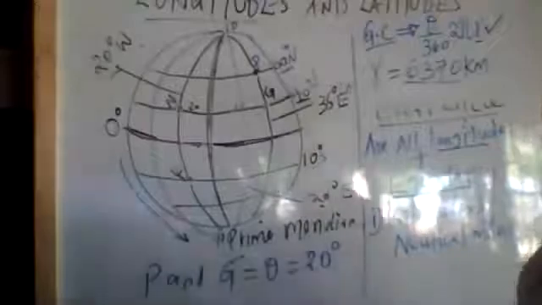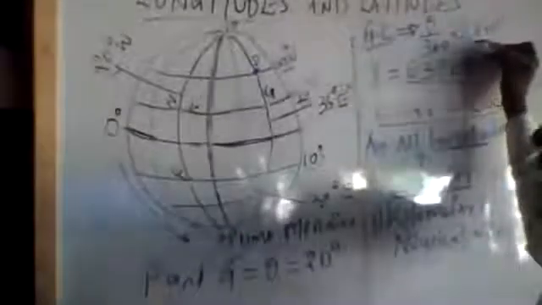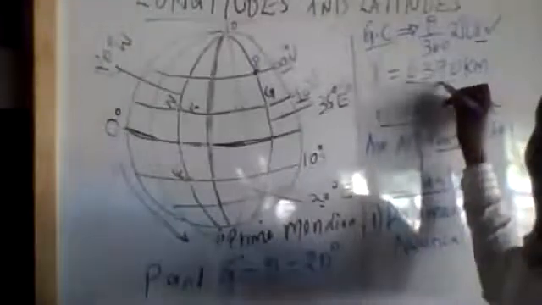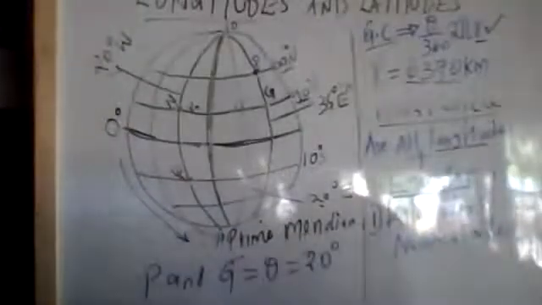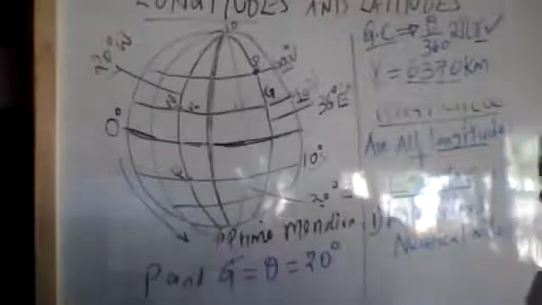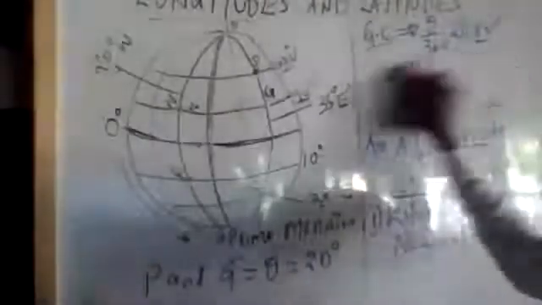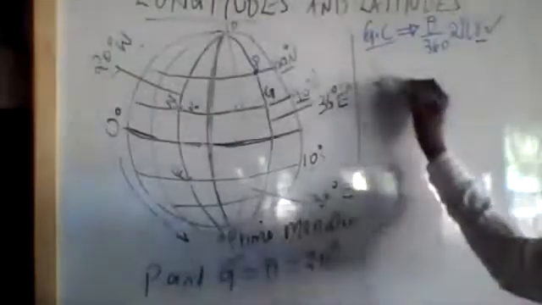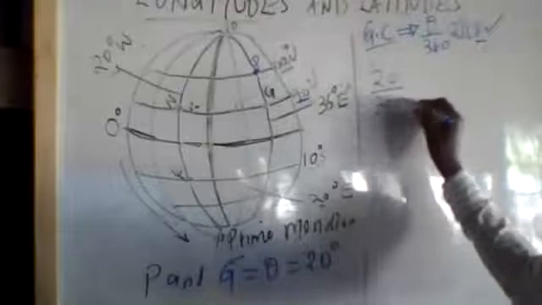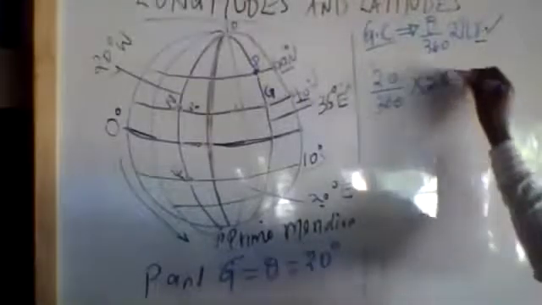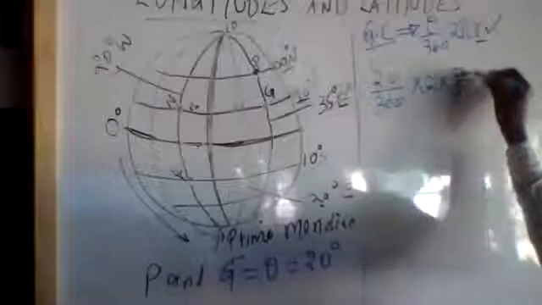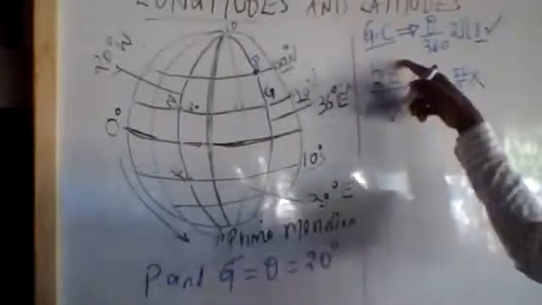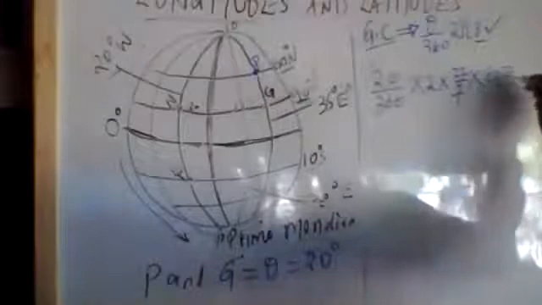This is what we're going to do. Where we have theta, we are going to replace it with 20 degrees. Where we have radius, we are going to replace it with 6370. That means we are going to have something like this: 20 over 360 times 2 times 22 over 7 times the radius, which was given as 6370.